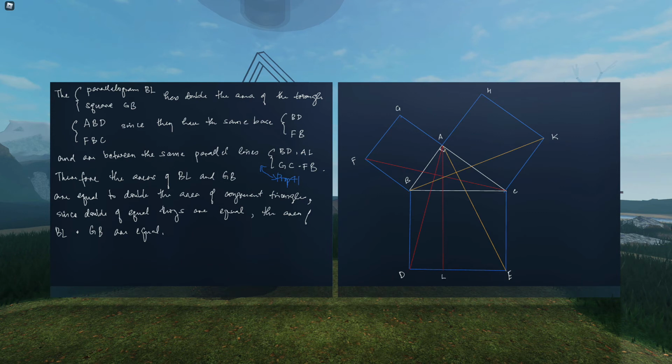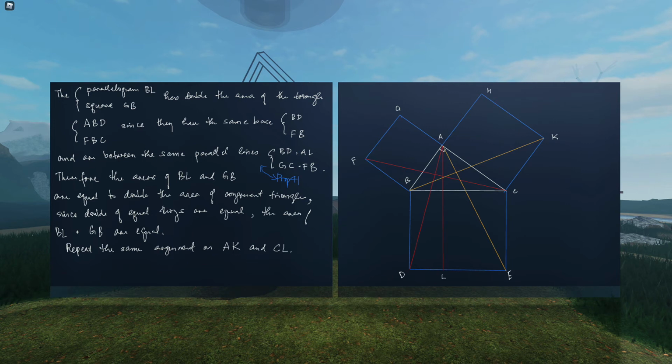Okay, so we repeat the same argument on the other side, on the square AK. The other parallelogram I'll call CL, just because it's easier.